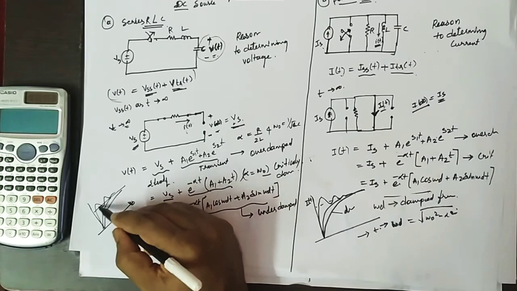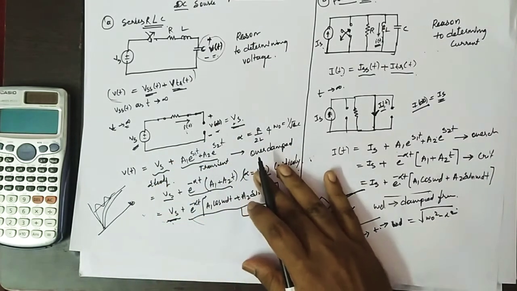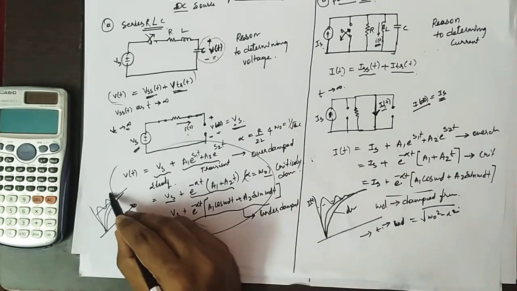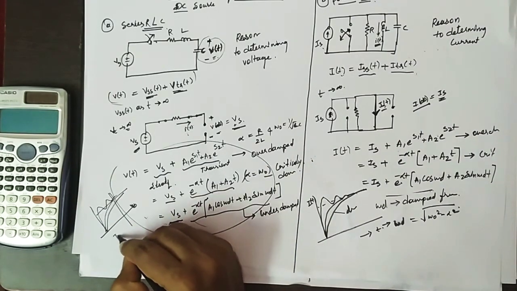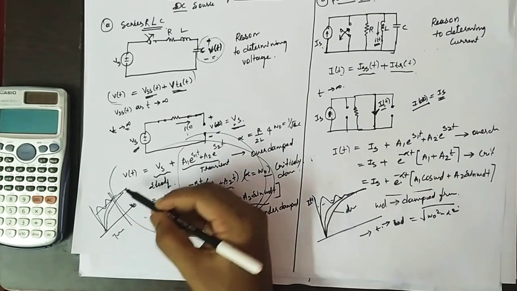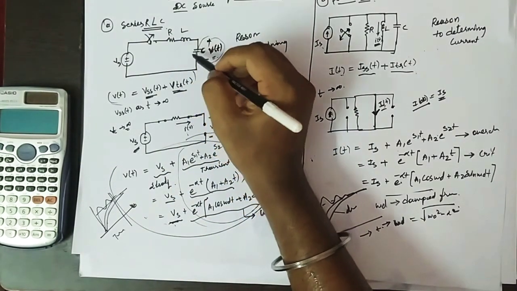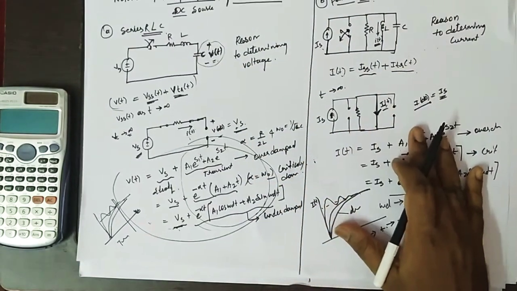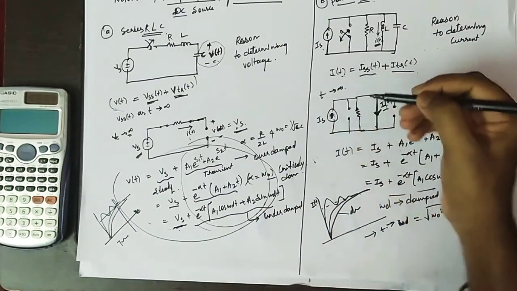These are the main key points you have to note. These are the equations and the transient conditions for the three types of RLC values. For different RLC values, we get different responses. Similarly for i(t) also.